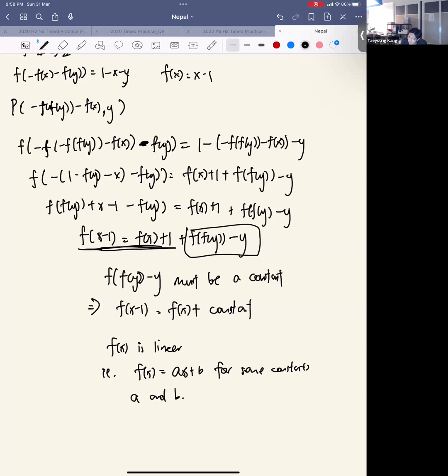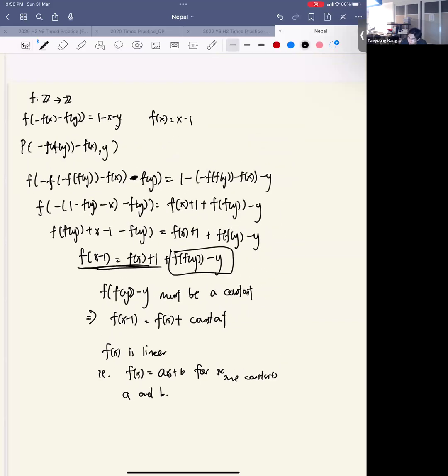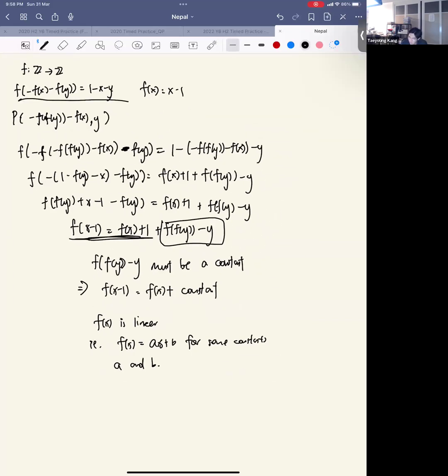So now we are left to find out what a and b are, right? We just substitute back into the original functional equation. And we get f(-a(x + y) - 2b) equals 1 minus x minus y.